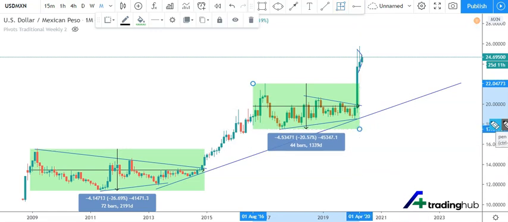So from what I'm seeing here, I have noticed that price moves an average of 4,000 pips while it's making a correction. You see, an average of 4,000 pips. So that means we are going to see another 4,000 pips to the downside.